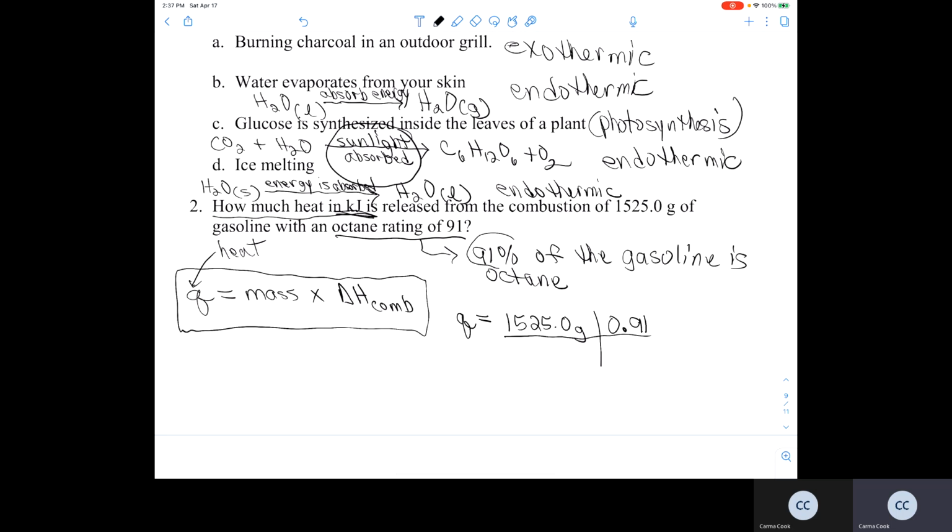I take my 91%, I convert it to a decimal. All of this 1,525 grams is not octane. Only 91% of it is. So we first need to multiply 1,525 times 0.91, and that'll give us the grams of octane. And then we need to multiply that by the delta H of combustion for octane.